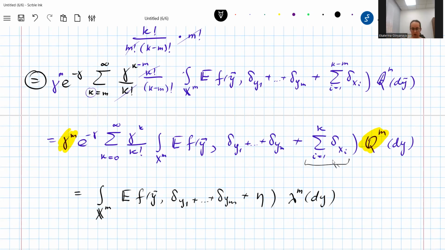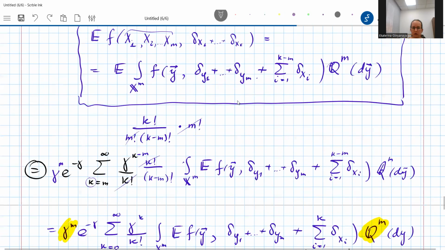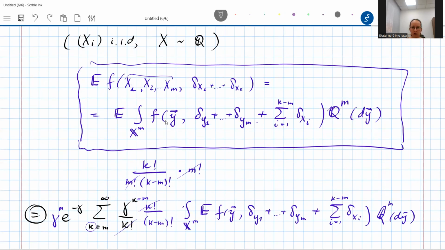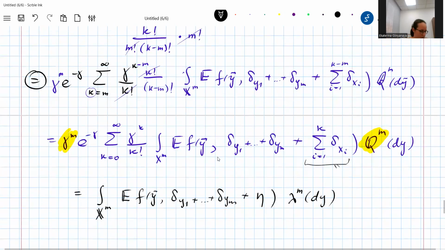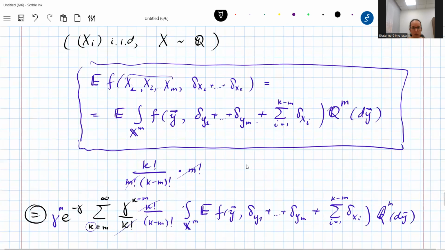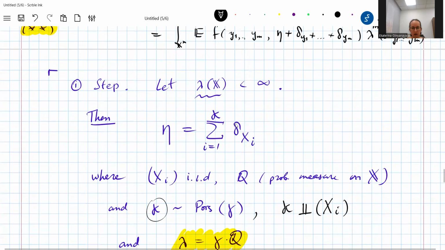So we proved this formula, and the idea of the proof was the same. We just have a slightly bigger number of variables and summands, but the idea is the same as for the one-dimensional Mecke equation. And the important thing is that we use the property that the points in the point process are independent, and that we have a Poisson number of summands.